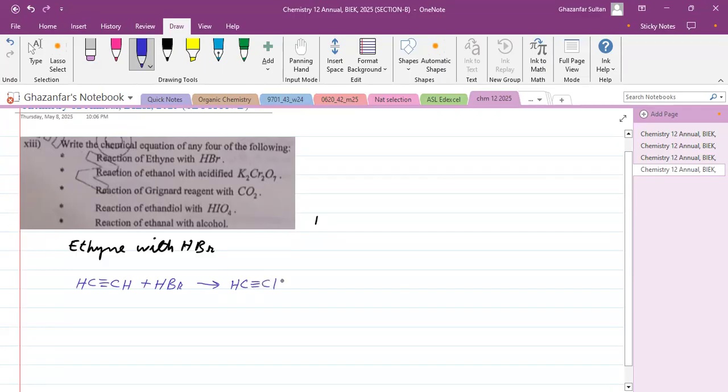Both of the carbon atoms are equivalent here, so hydrogen and bromine can be added to either carbon. I have shown here that hydrogen is added here, so it becomes H2, and here the Br is added. So in the next step, what can you do?